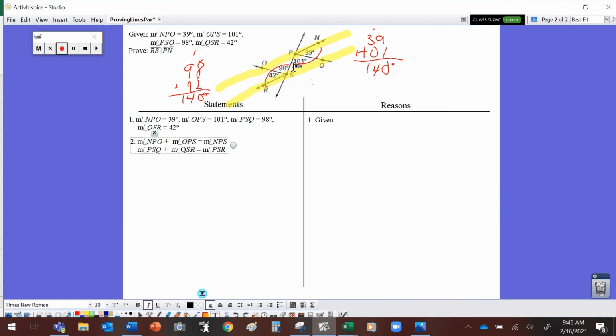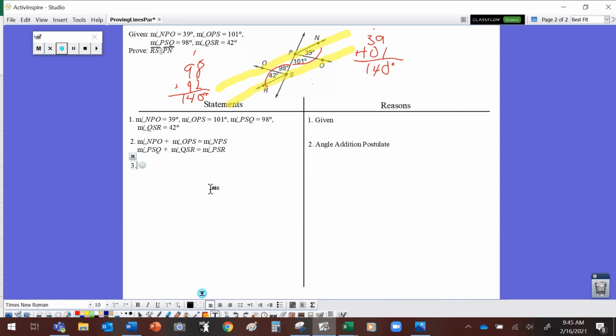Okay, this whole angle over here, the one that I've arced in that red. Now, we said that the property that allows us to add those pieces together is the angle addition postulate. And that should be reason number 2, not reason number 3.